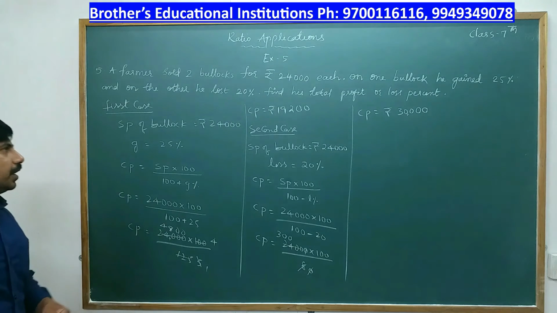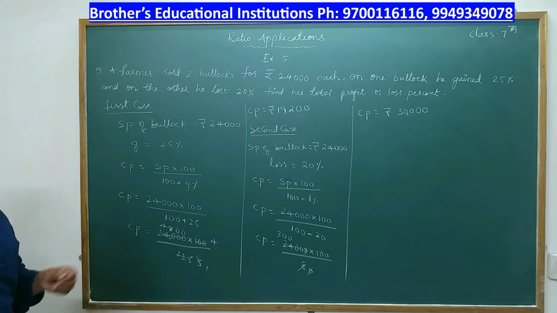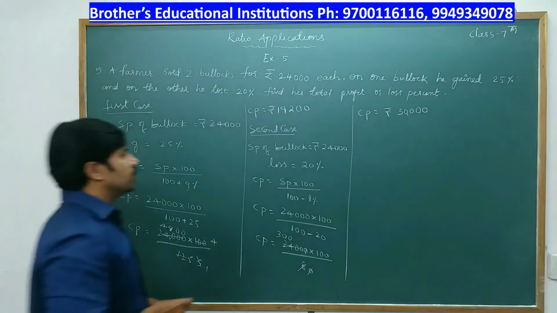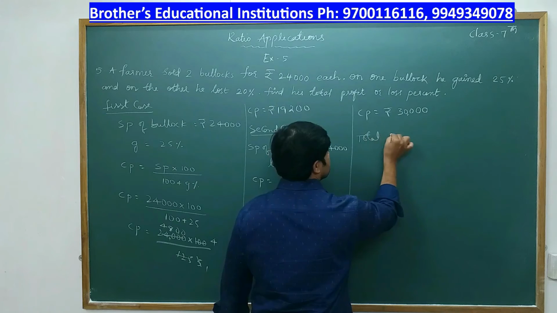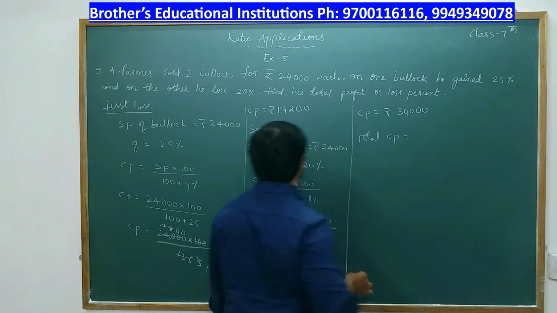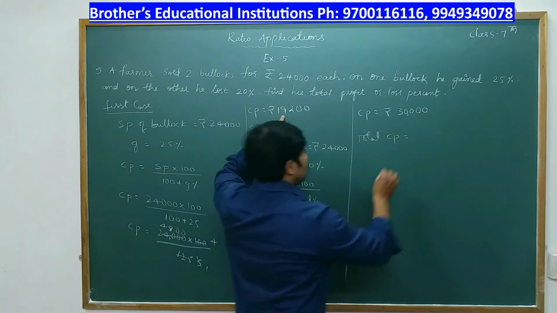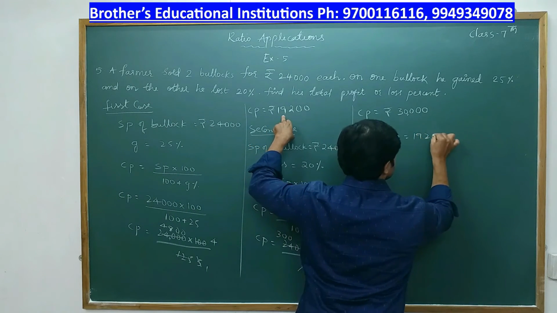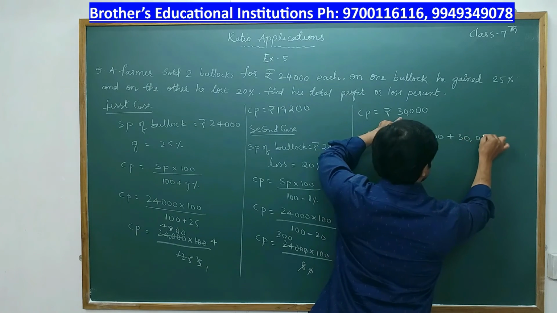Now on this whole transaction, whether he got profit or loss, we have to find out. For that, first we'll find the total cost price. The cost price of the first bullock is 19,200, plus the second one is 30,000.